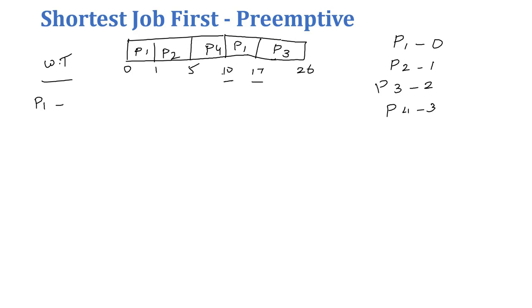P1 arrival time is 0, so no issues, but P1 got a chance at the first minute to execute, so we have to eliminate that. So what is the actual waiting time of P1? From 1 to here, this is the waiting time.